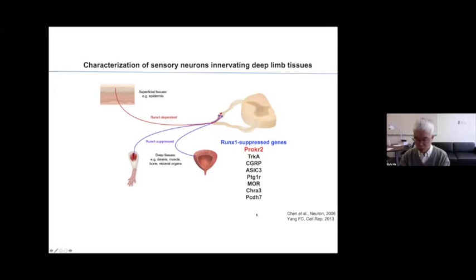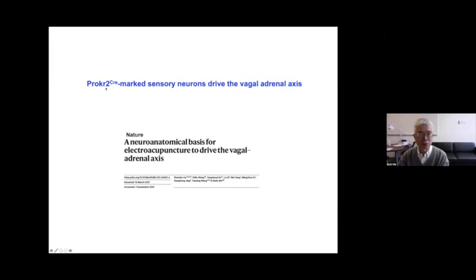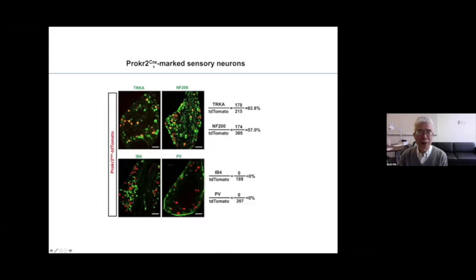So we screened through a dozen or half a dozen Cre lines, and eventually found one, which we call Prokr2-Cre, marking sensory neurons. And this group of neurons, as we published in a paper, is required to drive the vagal adrenal axis. This is the prokineticin 2 receptor; the name is not important. This group of neurons marks a subset of sensory neurons.